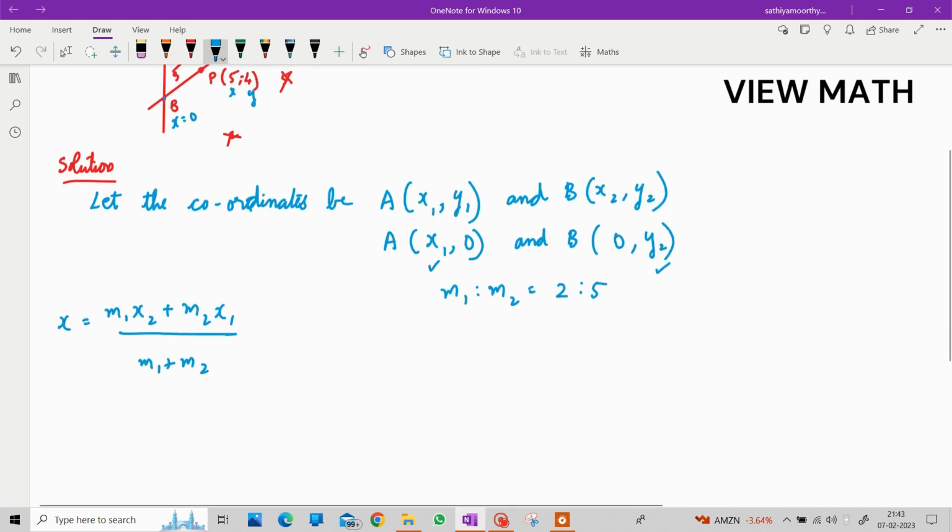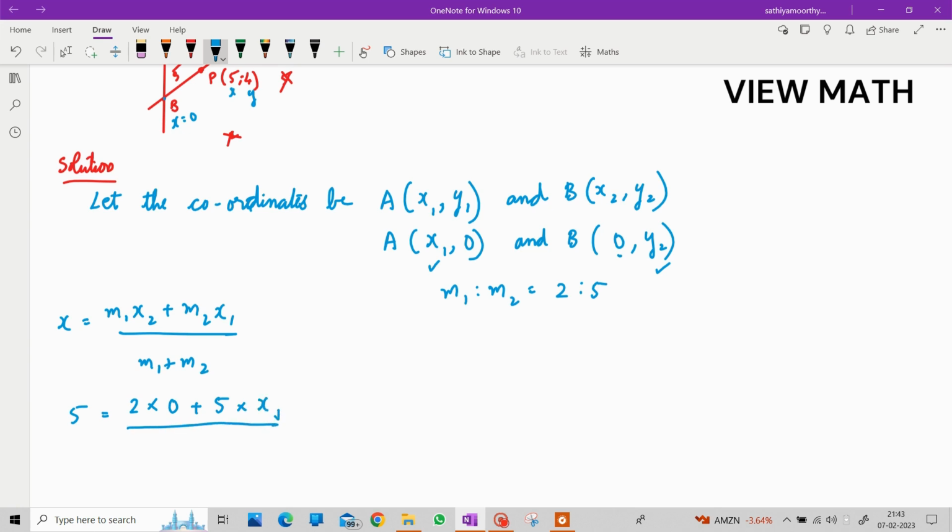Now let me substitute the x value. 5 is equal to m1, m1 is 2, 2 into x2, x2 is 0 here. So let me substitute 0 plus m2, m2 is 5 into x1, which I need to find out. So I'm writing it as 5 x1 divided by m1 plus m2, it is 2 plus 5.